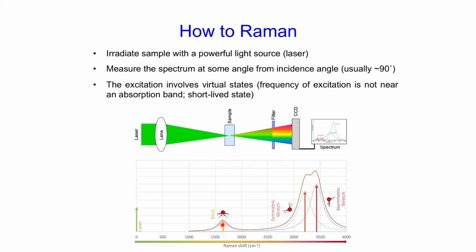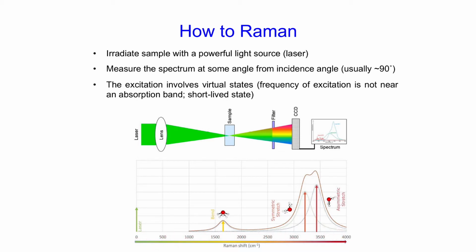Okay, so here you can see we get peaks that show up that correspond to the different types of vibrations in our molecule. Okay, so we might have a peak corresponding to an asymmetric stretch or a symmetric stretch or a bend. Okay, again, very similar to our IR spectroscopy. The biggest difference you'll notice in the spectra that you obtain with Raman versus IR is that your x-axis is a bit different here.